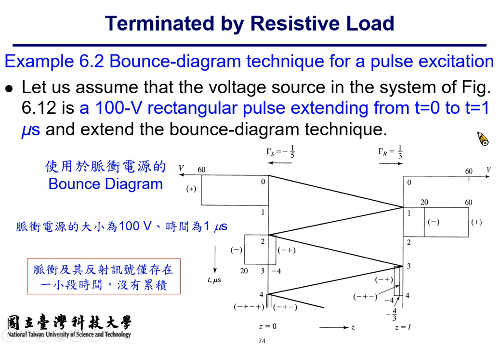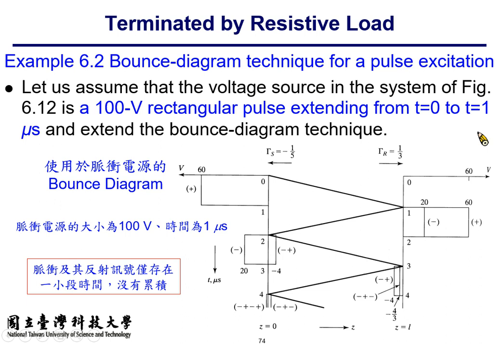So on the left-hand side, between t equal to 0 and 1, you got 60 volts. Between 2 and 3 microseconds, you have V minus and V minus plus, so that would be 20 plus minus 4. So you have a total of 60 volts over here only. And here you will have 4 plus 4 over 15, minus 15 or something, okay?